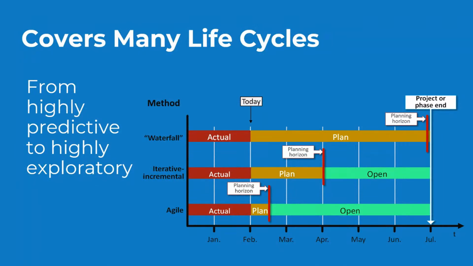Let me make it clear, many life cycles, not all life cycles, right? It goes from highly predictive to highly exploratory life cycles. So we have waterfall, incremental, agile, pretty much everything is there, okay?